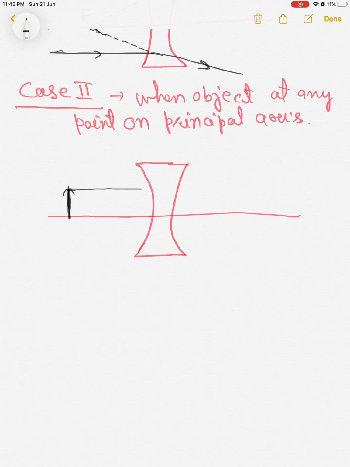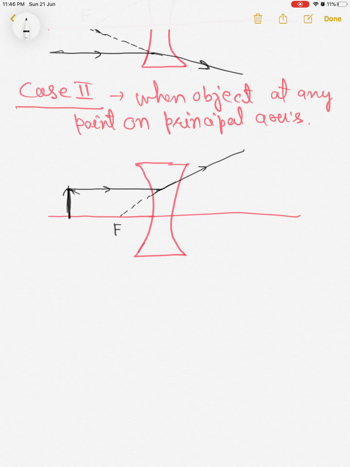One ray will be incident parallel to the principal axis. After refraction, it will diverge and appear to pass through the focus, because rays which are parallel to the principal axis, after refraction pass through the focus or appear to pass through the focus.